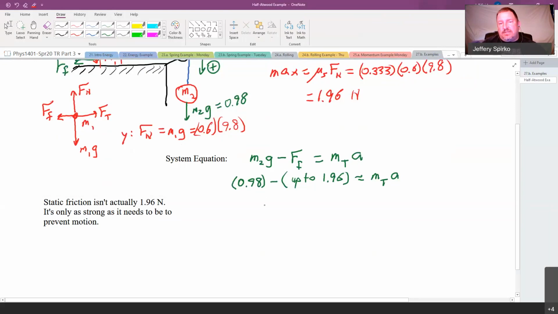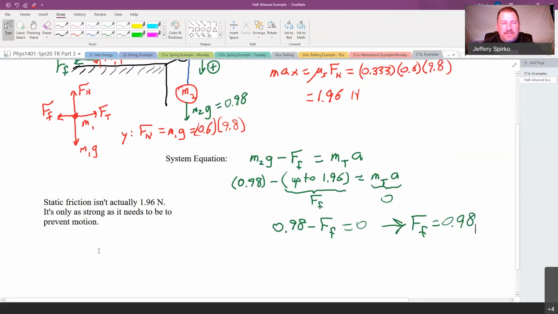So let's just keep calling it force of friction, and let's call this 0. So now we have 0.98 minus force friction equals 0. And that tells us that force friction is equal to 0.98.